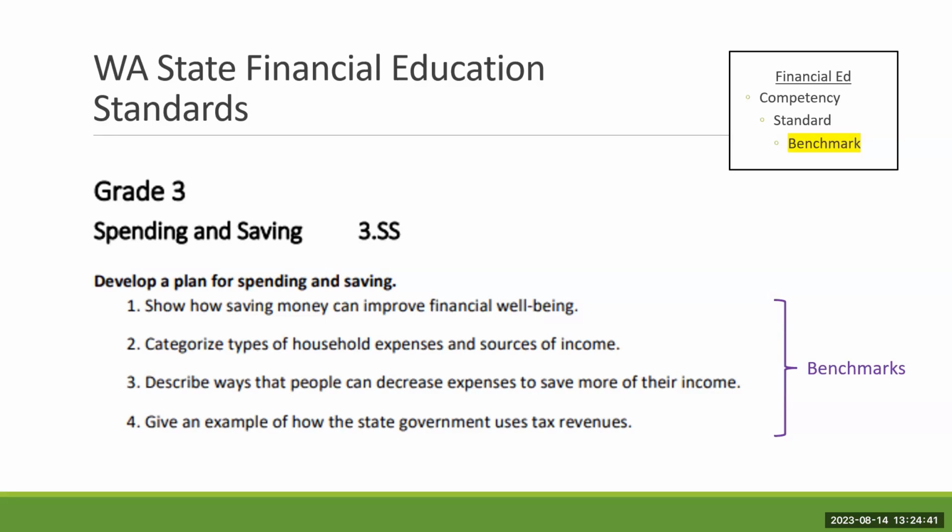So written into these standards are inherently those English language skills, right? Describing, categorizing, giving examples, everything that can be both oral or written, developing on the level of your students.